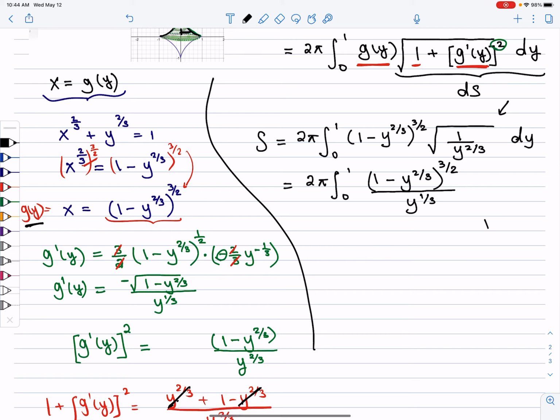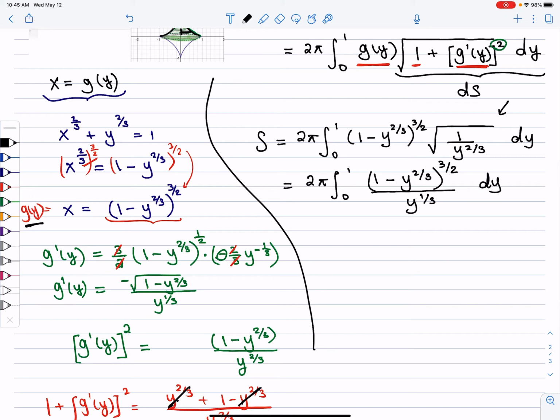I just want to show you 1 over y to the 2/3 to the 1/2. This is this part here. So this is radical 1 over y to the 2/3 times 1 over 2, which simplifies your 2, and you're left with 1/3. We have dy.